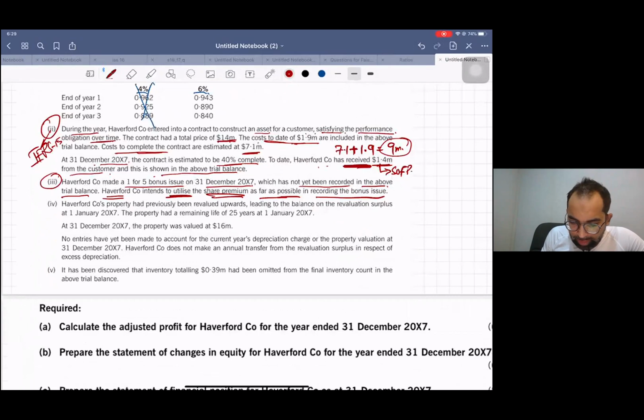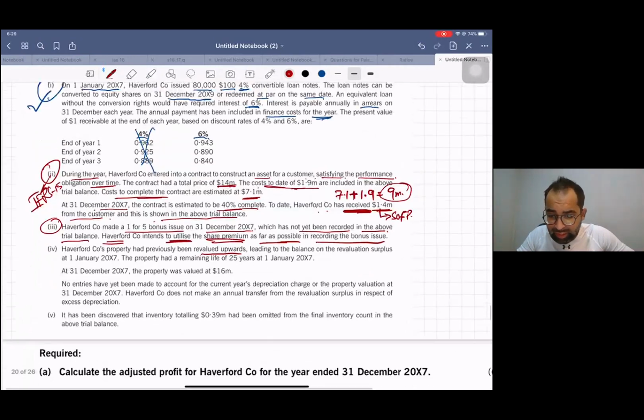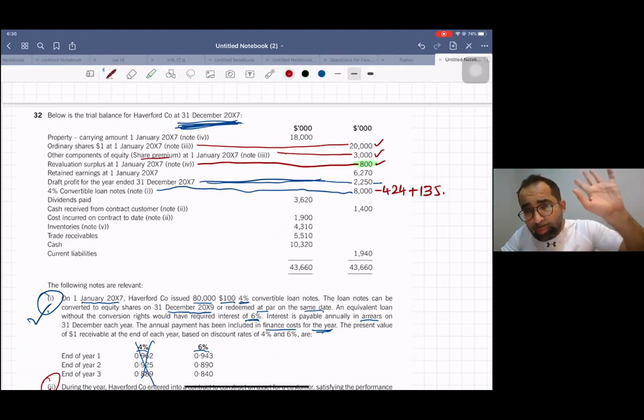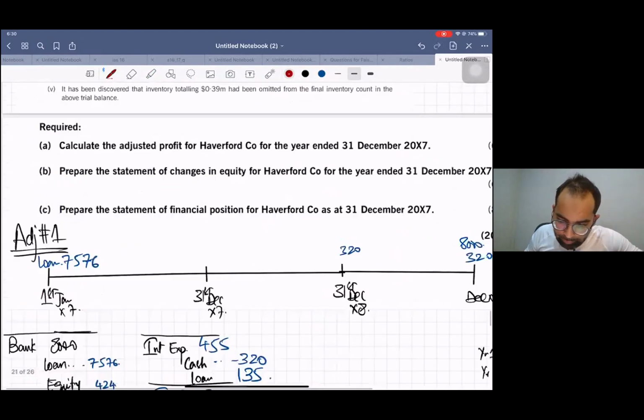Okay, now let's see. Haverford Company's property had previously been revalued upwards. That means in the past there was an upward revaluation. And what's the evidence? Here you have the existing revaluation reserve of 800.